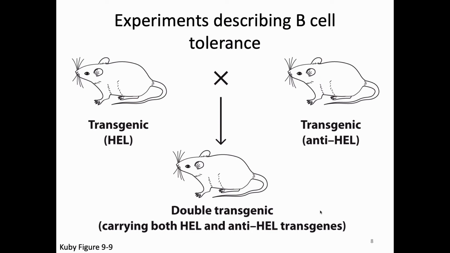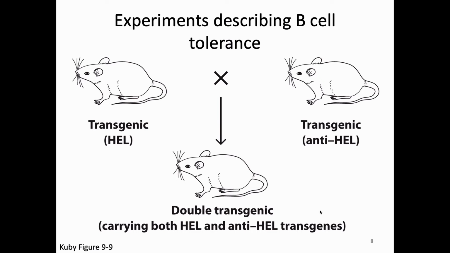Now, this progeny mouse has this new gene as a self gene, and thus this protein, this antigen, is a self-antigen, HEL. So this mouse makes chicken protein. And 100% of its B cells are against that chicken protein. So now it's not like we're trying to find a needle in a haystack of the one B cell. It's 100% of the B cells, right?